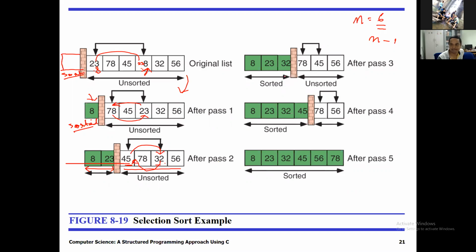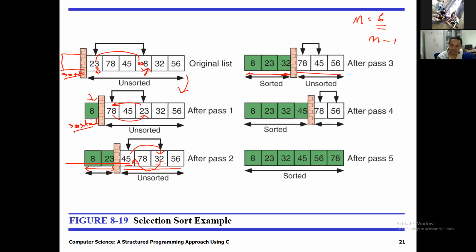It goes here and brings 32 to the beginning. The new sorted part contains 8, 23, 32. The unsorted part contained n minus 2, and now it becomes n minus 3. There are 3 elements in the unsorted part.